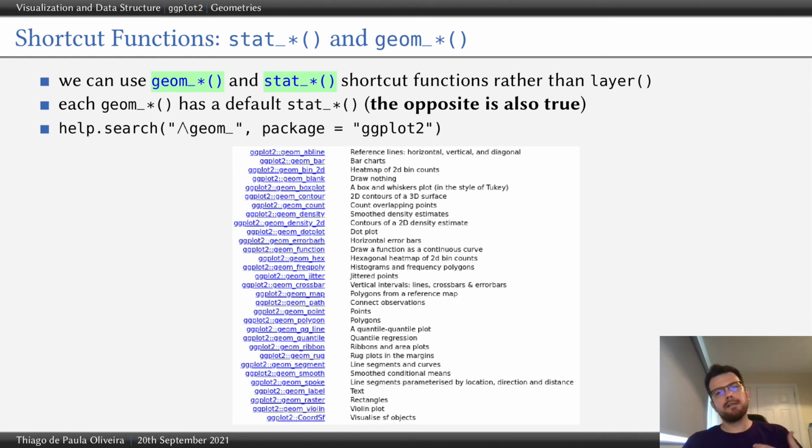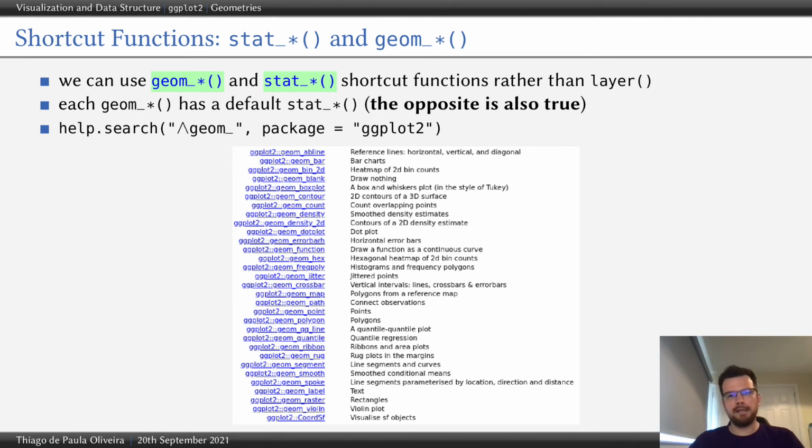So there are shortcut functions for statistics and geometries, because up to now we are just seeing layers. We are adding layers to the ggplot, but there are shortcuts that generate those layers. Those functions are the most used by users, and generally few users know about the layer function that we are talking about up to now.